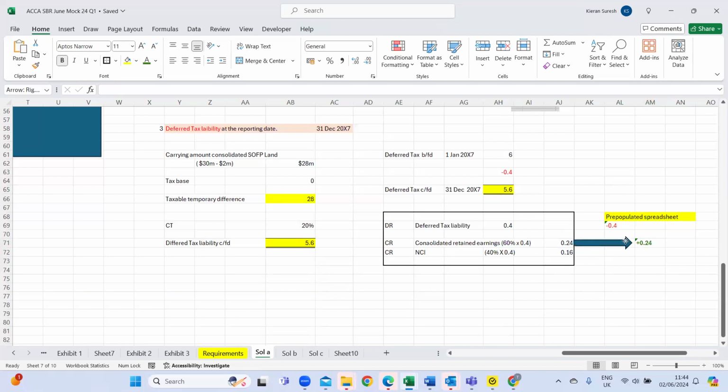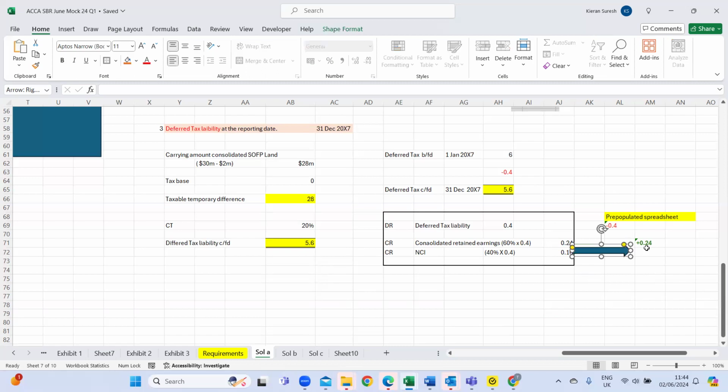So this is an increase because we need to reduce the liability. When you reduce the liability, that means we are putting it back to the profit figures. So we reduce the liability, yes, then the credit goes to the profit and loss account. Anything on the credit side means we are increasing the profit figures. So this needs to be an increase in the consolidated retained earnings.